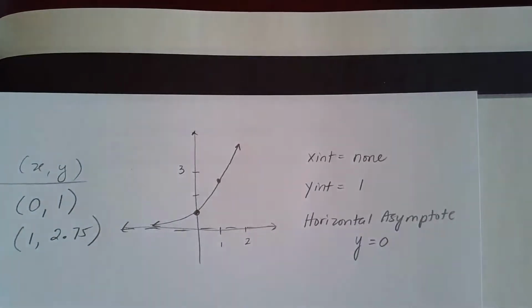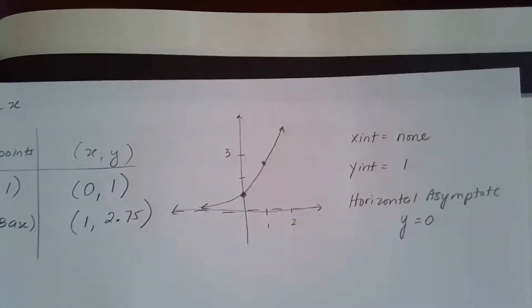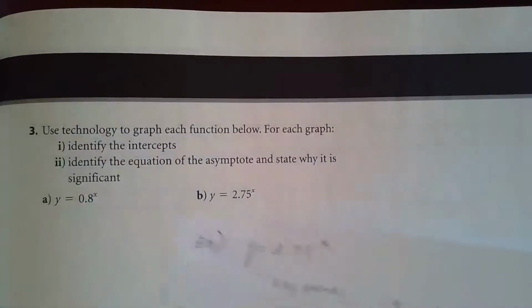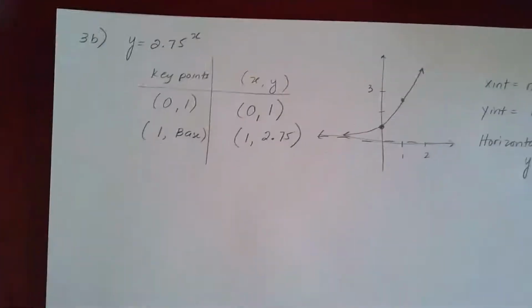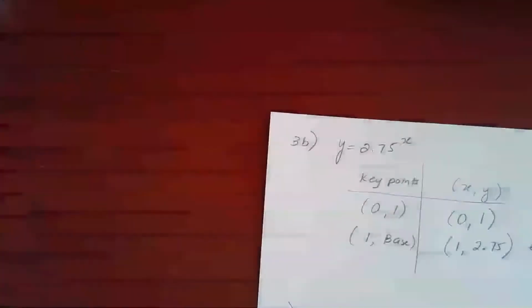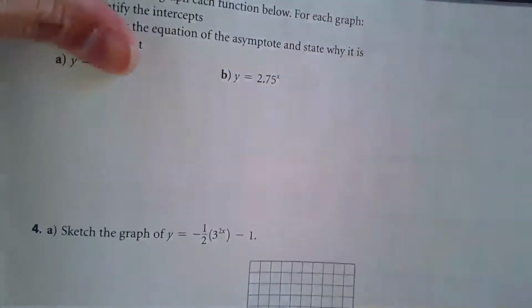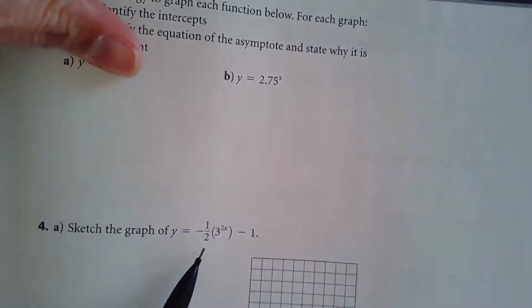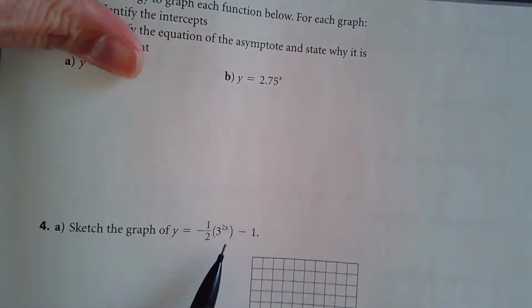Okay, good. So we've done questions number 1, 2, and 3. Now let's go to question number 4. What does question number 4 say? Question number 4 says here, now we're going to have some kind of a transformation going on in here.